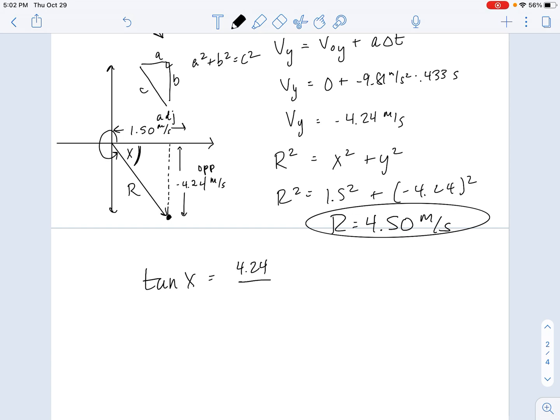So that would be 4.24 over 1.50. I don't need to worry about the negative 4.24. I'm just thinking about this right triangle. So I'm going to end up taking the inverse tangent of 4.24 over 1.50.